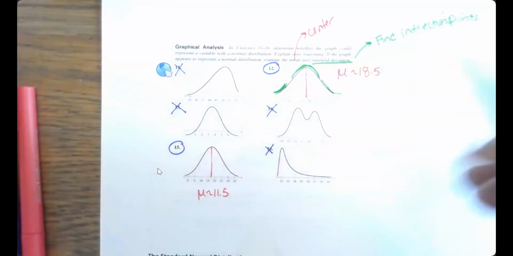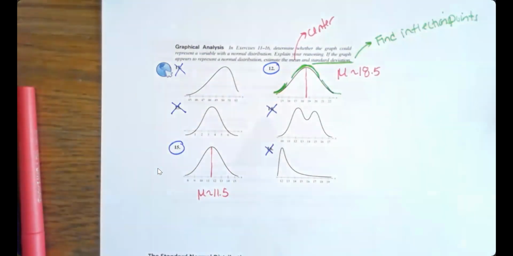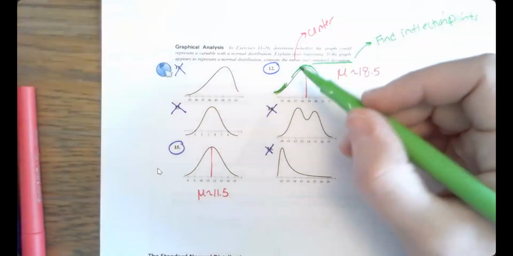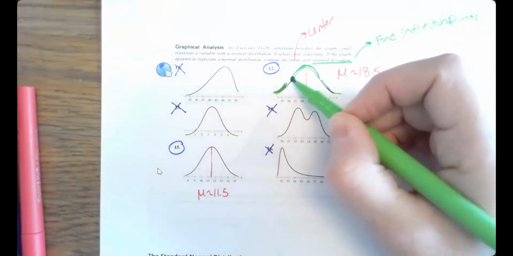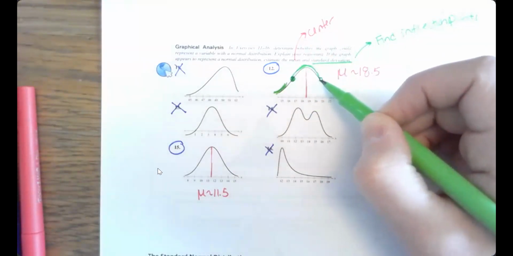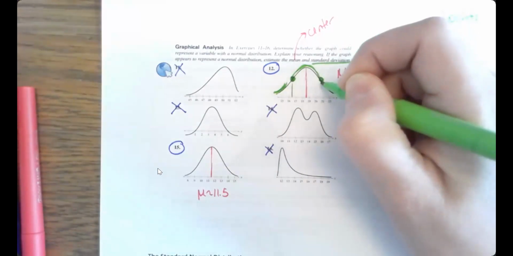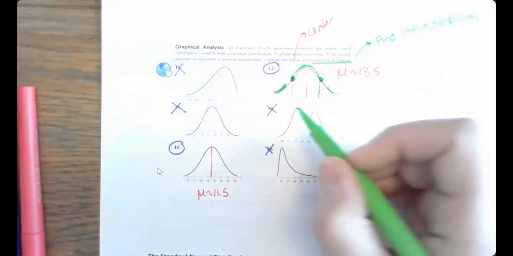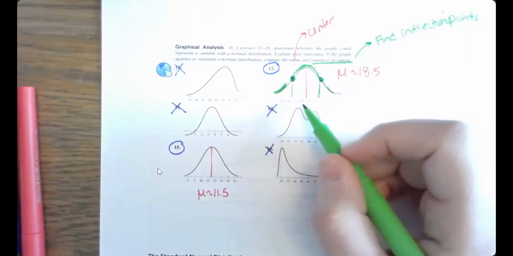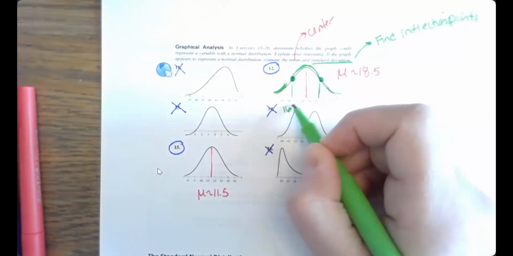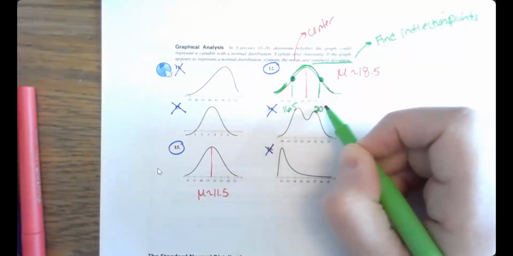And again, you are estimating here because it is hard to just look and figure out the exact point, but you want to do your best. I would say that right around here seems to be where it's switching, and maybe somewhere around here. So if I drop this down here and here, it looks like maybe my inflection points are at about 16.5 and 25.